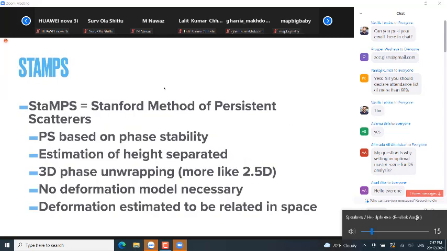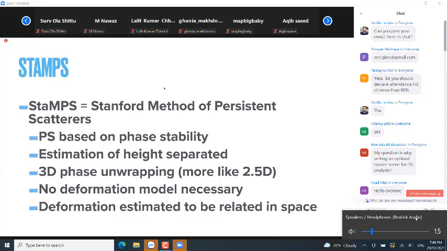All right. Then we have StaMPS. StaMPS is the Stanford Method for Persistent Scatterers. It bases PS on phase stability. We estimate the height of the points separately. So when we talk about PS InSAR, we estimate the height and the velocity together in one set of equations.